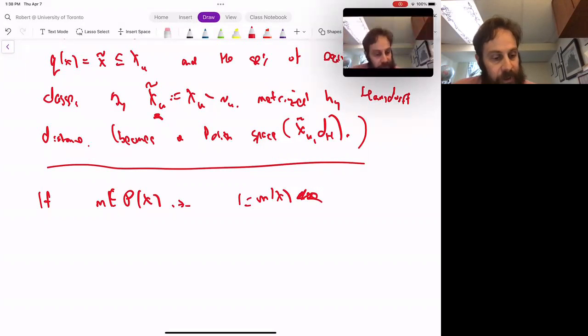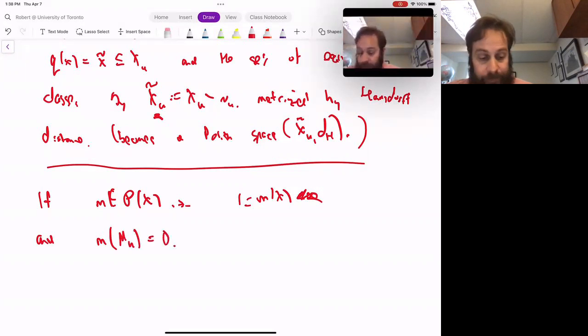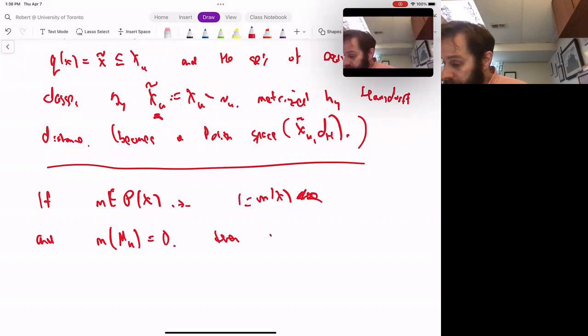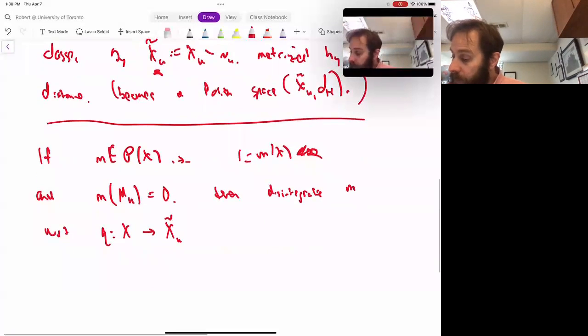So if I have a finite Borel measure and the set of negligible points or multiplicity points is negligible, then I can disintegrate m with respect to the map Q that takes points in X to equivalence classes in X_u.